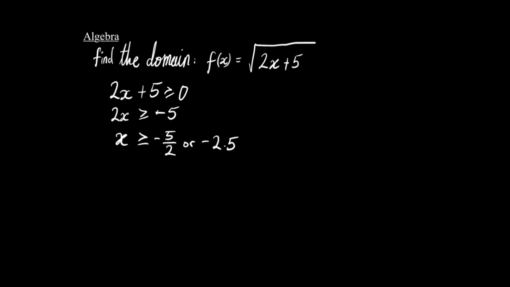Now that we've found x, we can put this in interval form, say that the domain of the function here starts from -5/2 all the way to positive infinity. This is the domain.